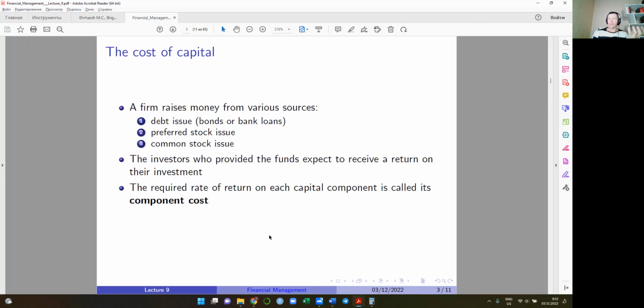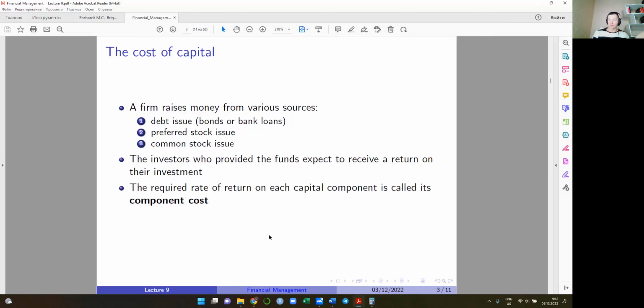If a firm pays to you something, this is the return for you, but this is the cost for the firm. Again, we are talking about the same thing, but we are talking about this from different sides of the relations. If I pay money to somebody, for me it's cost, for that somebody it is the return.